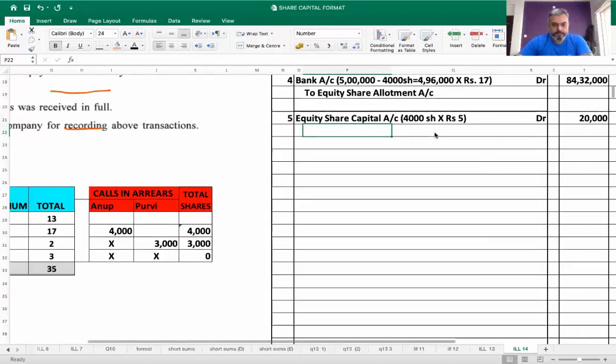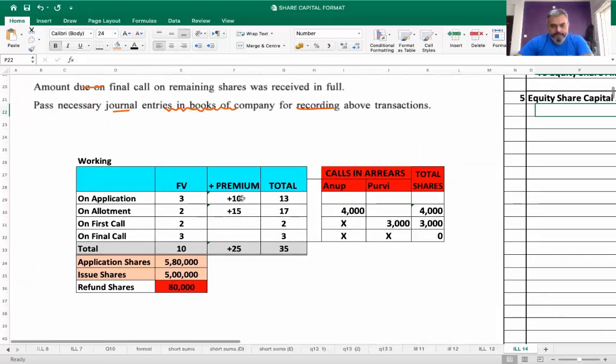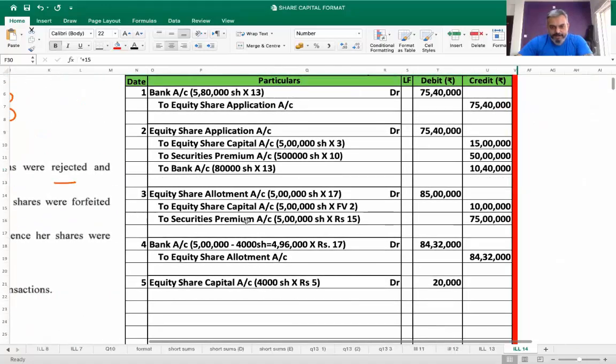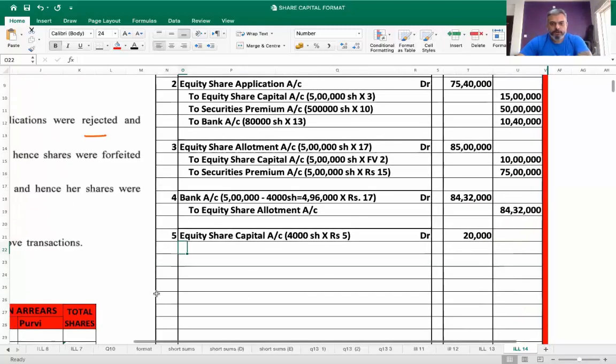Now over here on application this premium was received, but this 15 rupees premium we did not receive on allotment, which we had credited over here. On complete 5 lakh shares we credited our premium, but we did not receive premium on 4,000 shares. So we have to reverse securities premium account to that extent.